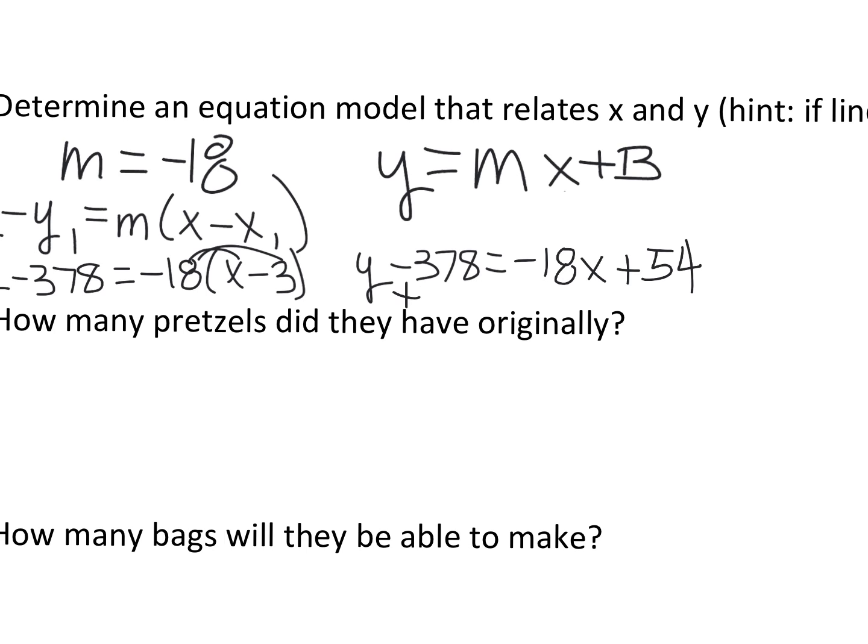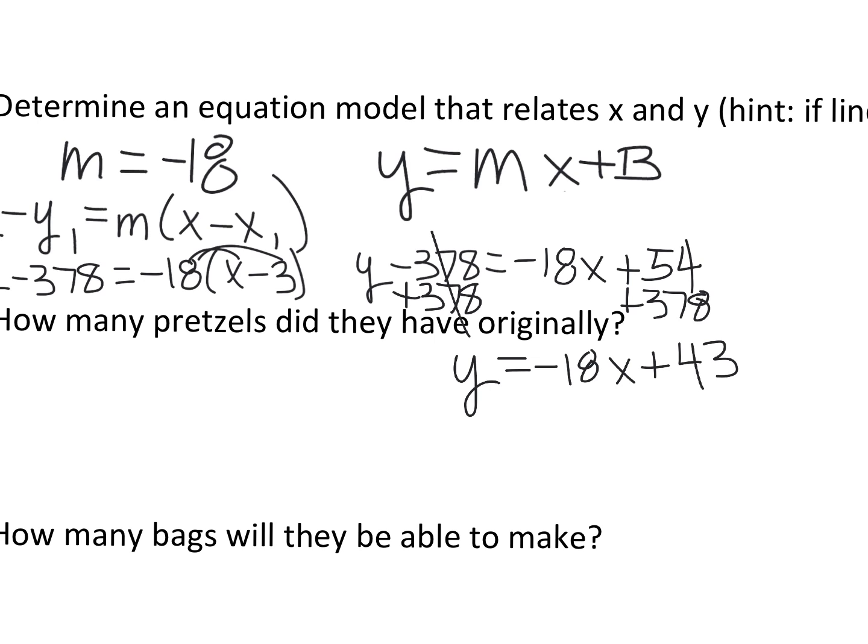Now I am going to continue solving for y. Note, this is just solving. I'm going to add 378 to both sides, so that gives us y equals negative 18x plus 54 plus 378, which is 432. Now we have our linear equation.